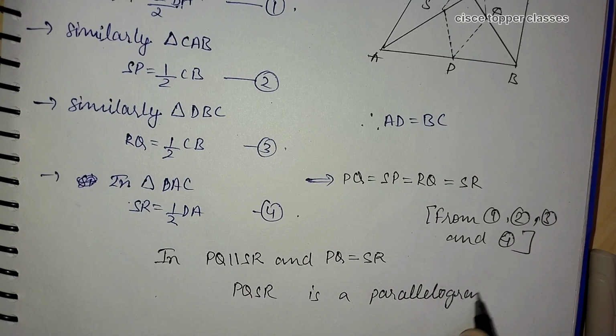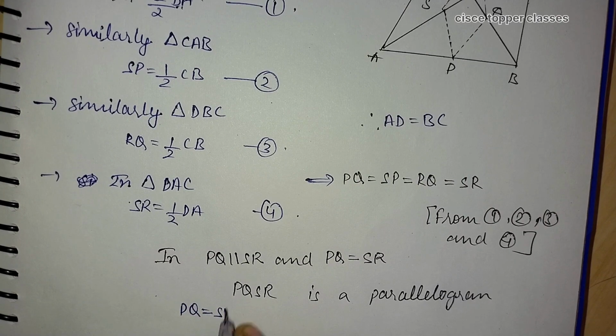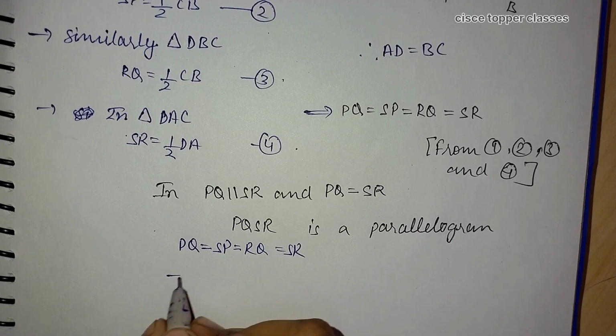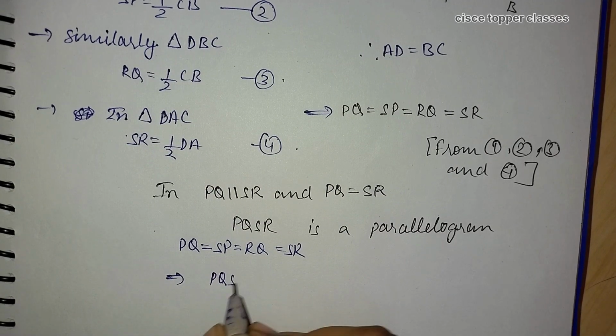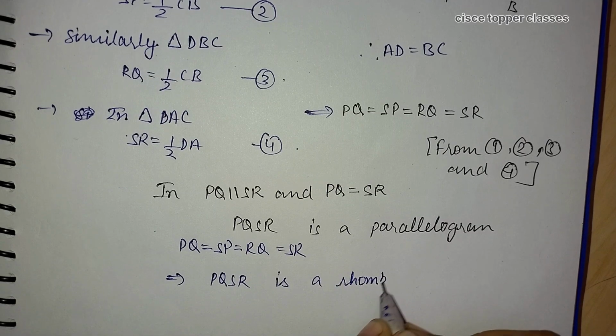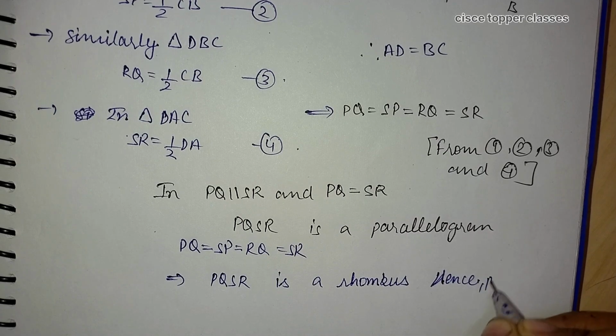And by the given information, as we concluded, PQ is equal to SP equal to RQ equal to SR. So if it is a parallelogram and these sides are equal, similarly we can write that PQRS is a rhombus in this question. So this is the thing which we had to prove, hence proved.